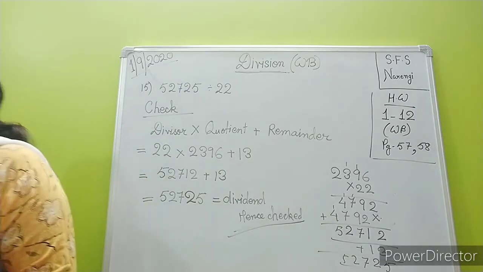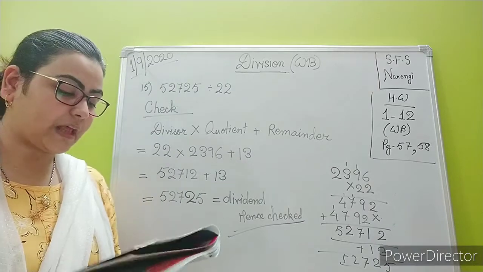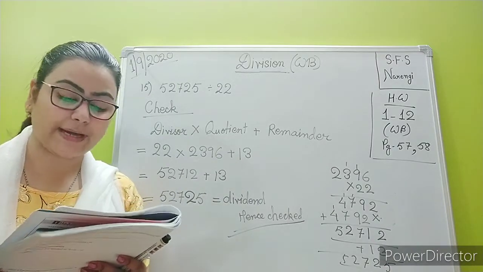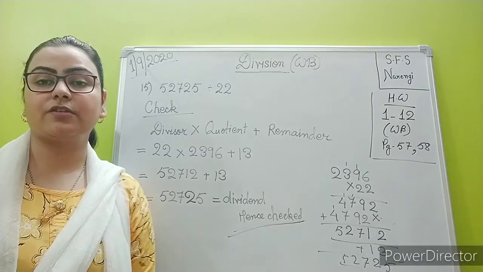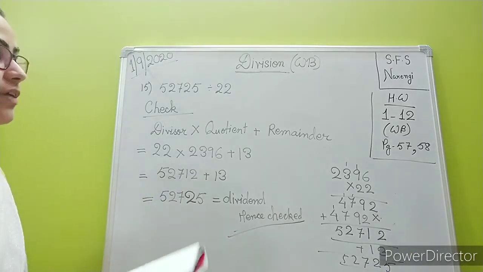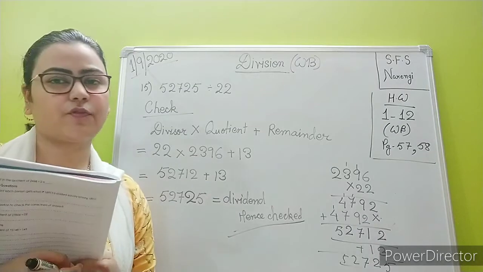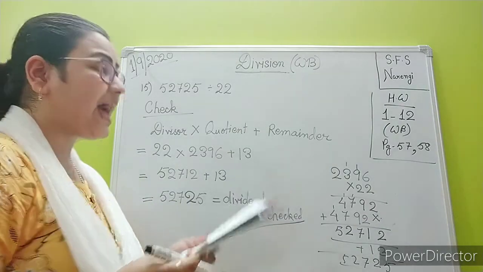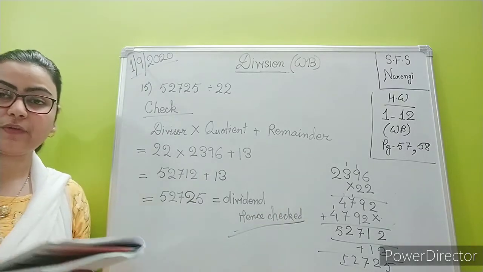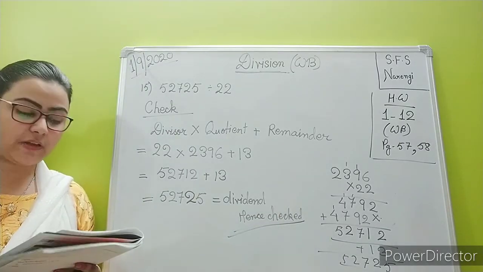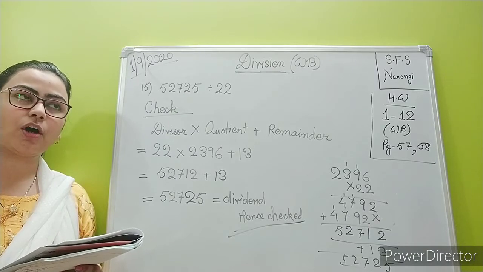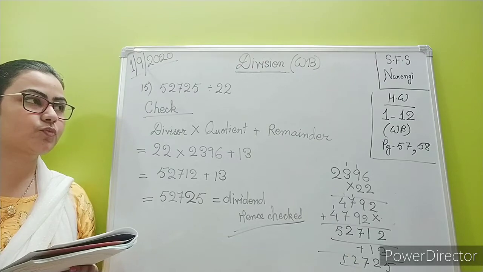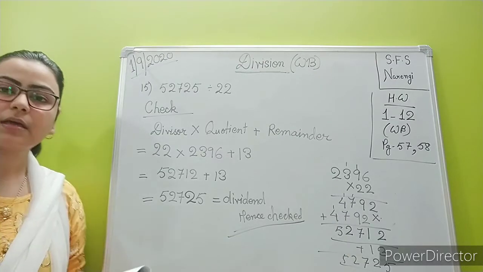Okay, now let's see the next one. Divide 80,432 by 16. Check the correctness of the division. So children, I will give you this one also for your homework, because you have already done it, and you can submit me your homework. You will have to submit your homework on Sunday, 6th of September.